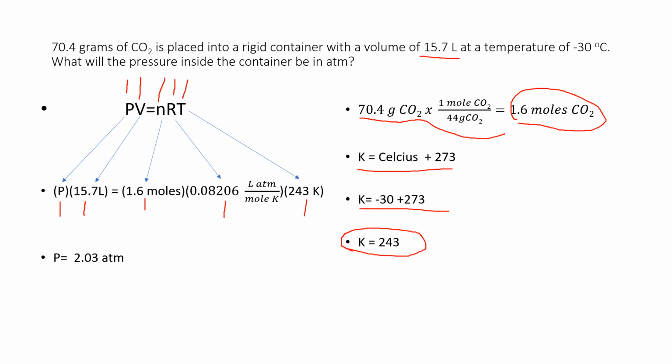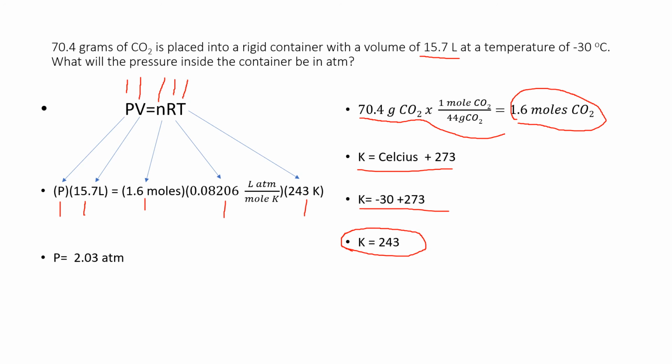Now you're going to isolate and solve for the variable. So in order to isolate and solve for the variable, everything on the right-hand side we can multiply together, condense that down, combine all 3 of those terms, and then to solve for the pressure, we would divide by the volume, which is 15.7.